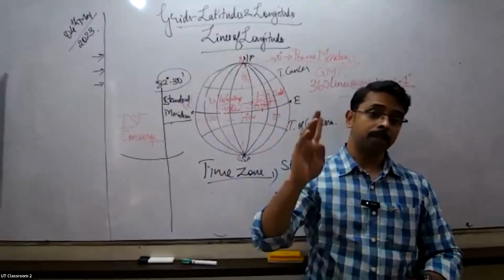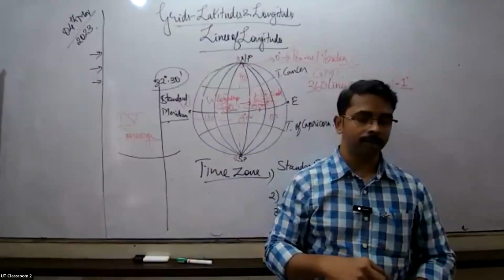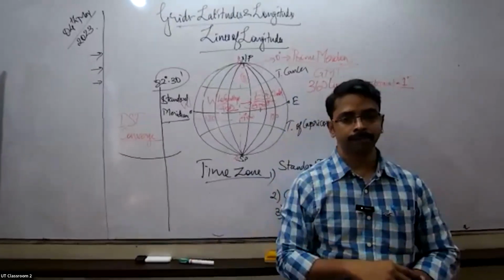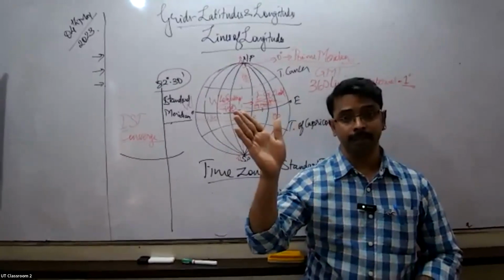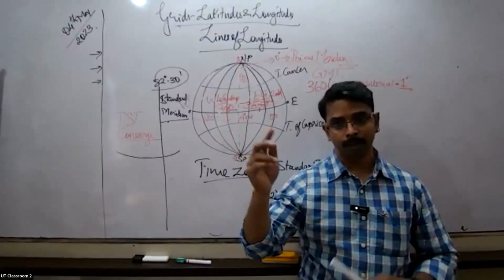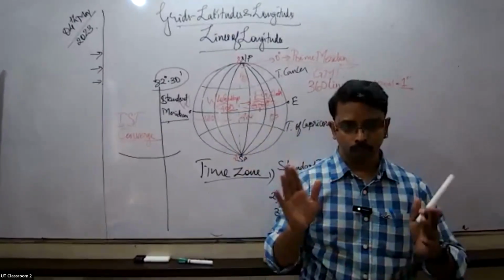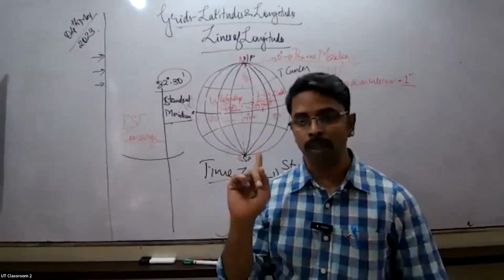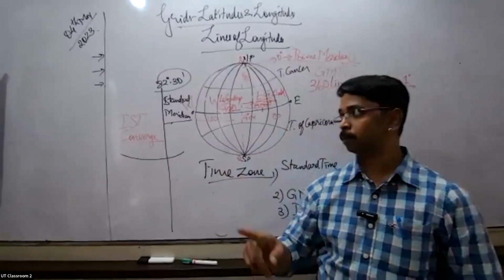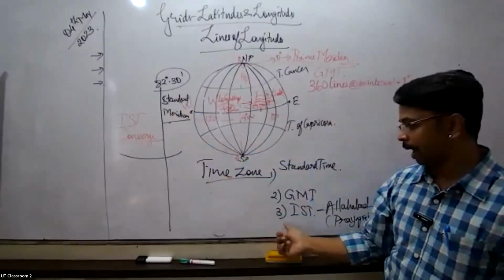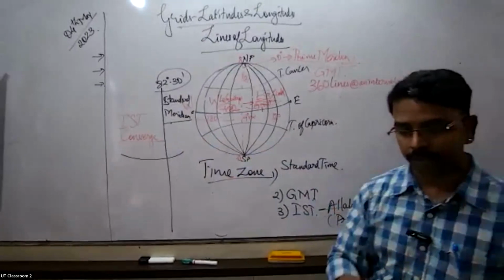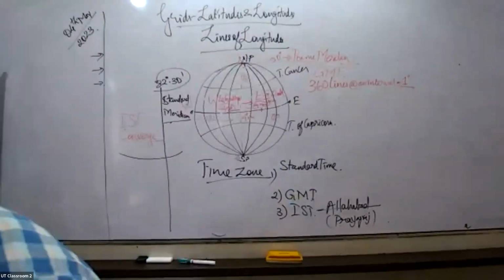But Arunachal Pradesh is ahead of Mumbai by 2 hours. So now it is 3:30 here, and at that time it will be 5:30 there. Are you understanding what the confusion is? So we do not have more than one time zone. We have only one time zone, that is called IST.